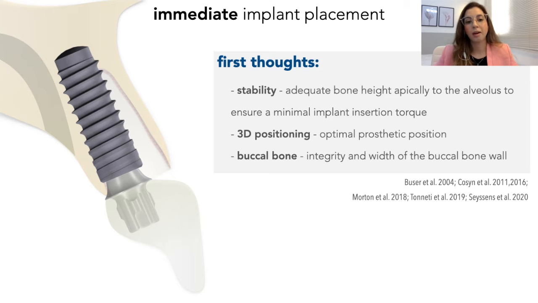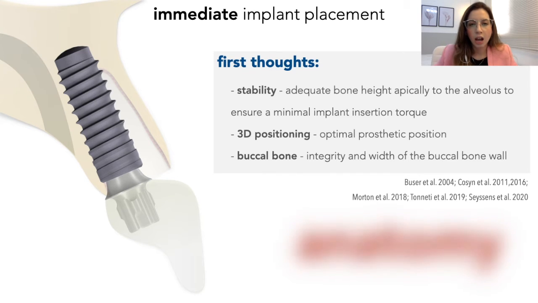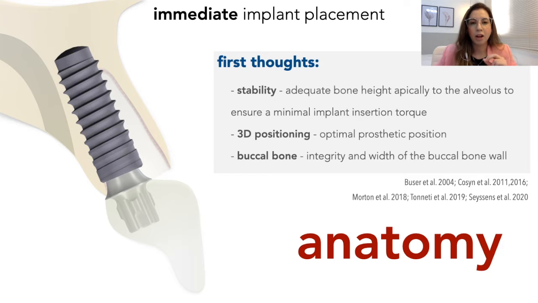I believe you think about having enough bone to ensure primary stability, placing your implant in an optimal 3D positioning, and having an intact socket wall, an intact buccal bone wall, right?